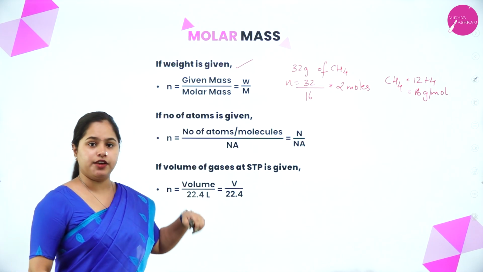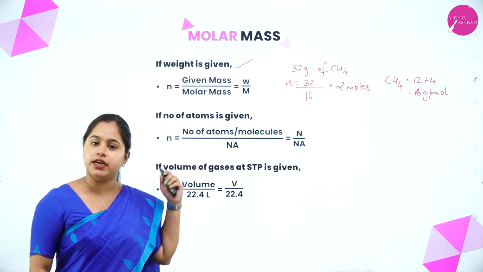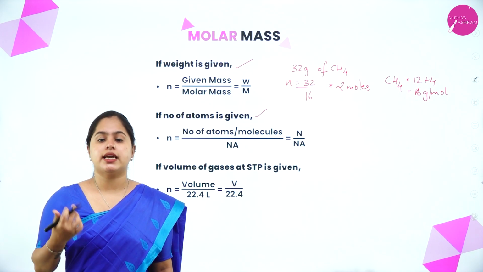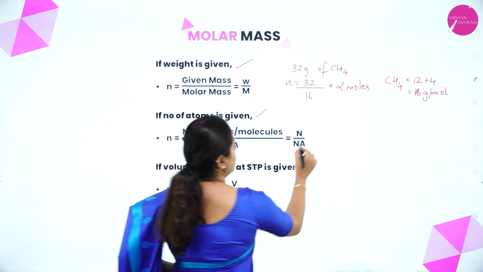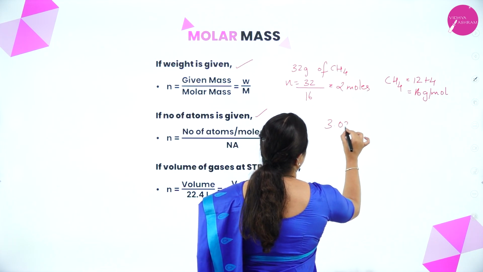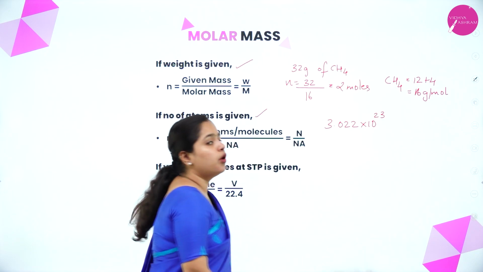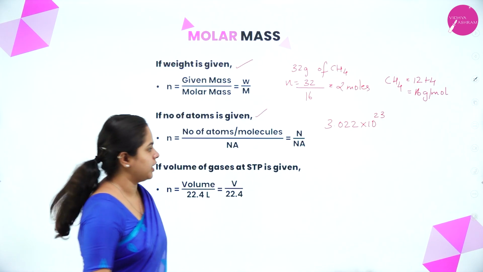When the weight is given, you can simply calculate it as given mass divided by molar mass, which will give you your number of moles. So let's take the example where you have to find the number of moles present in 3.022 into 10 to the power 23 molecules of urea. The number of molecules is given here.